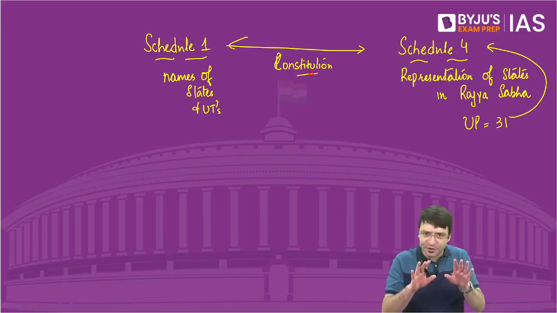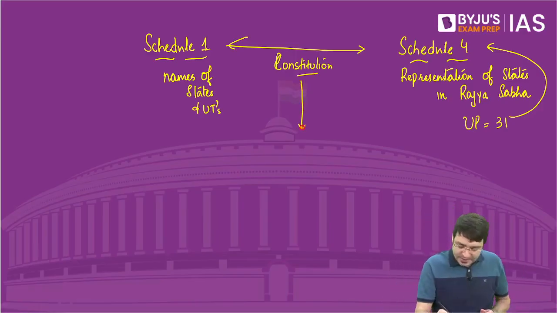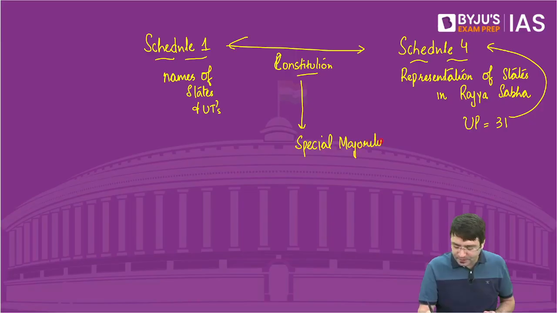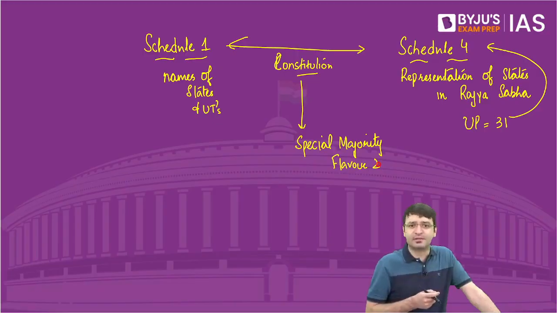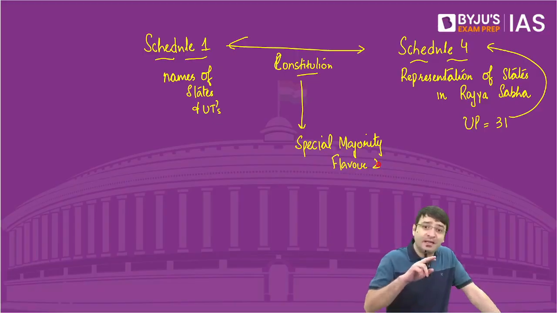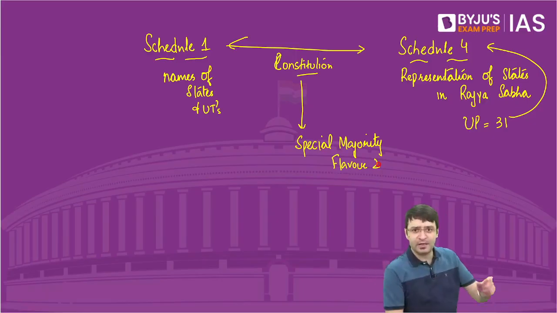They're part of the Constitution? Yes. Yesterday we discussed special majority, flavor 2. And I told you flavor 2 of special majority is required for amending the Constitution. And what is flavor 2 of special majority?